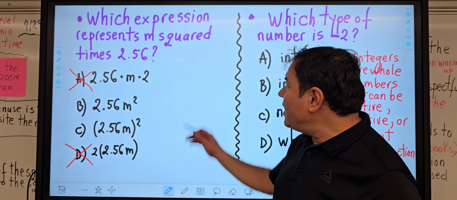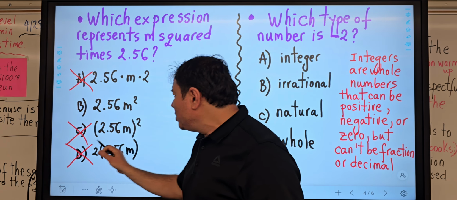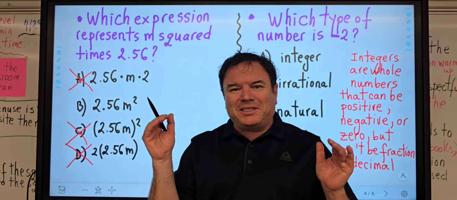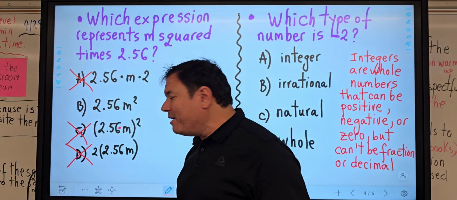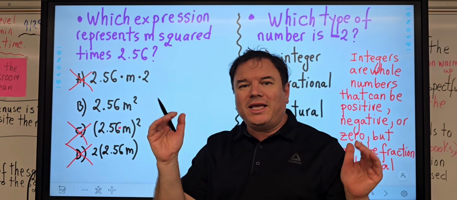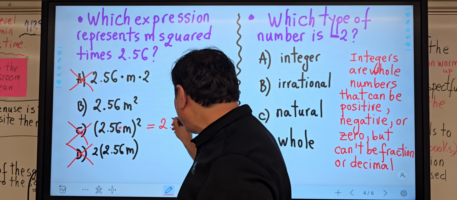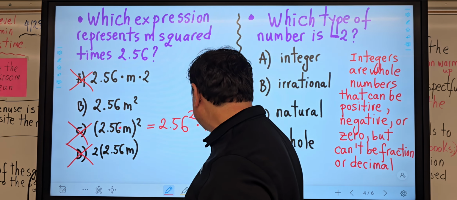Okay, and C cannot be the answer because 2.56 and m are in parentheses, and then both of these, 2.56 and the variable m, are going to be raised to the second power. So this is going to be 2.56 squared times m squared.